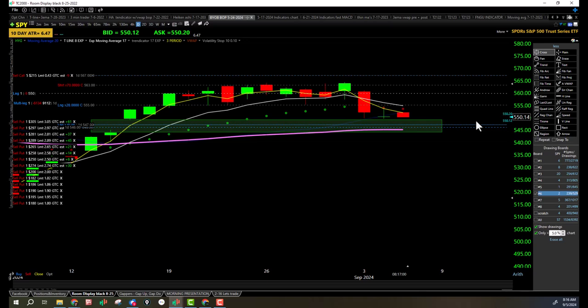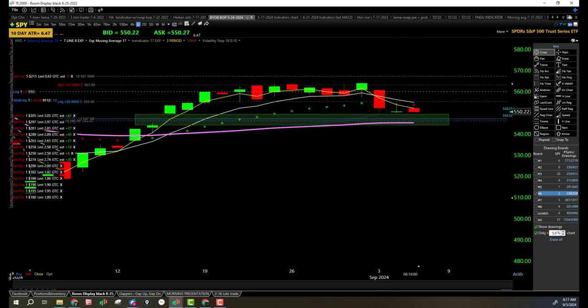I like the 547 puts that expire Friday or Monday. Either one of those, but those are the ones I like. It'll probably shoot down there sometime today. If not today, maybe tomorrow. We'll see what happens. All right, there's SPY, and I just did all of the technicals up there.